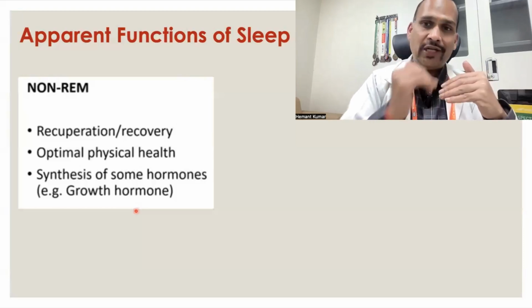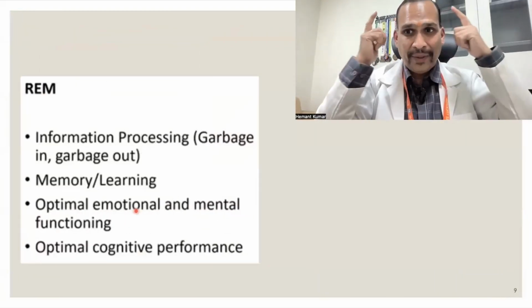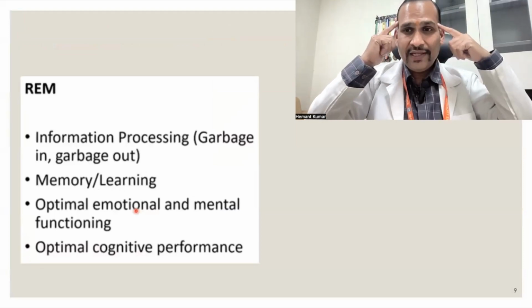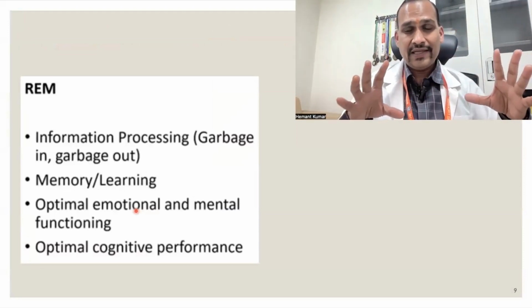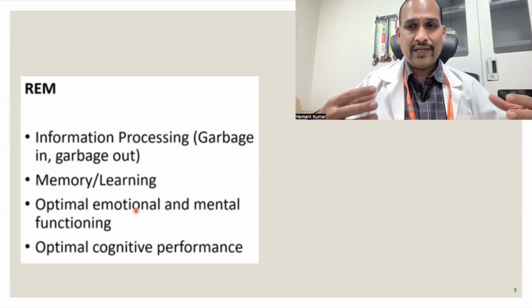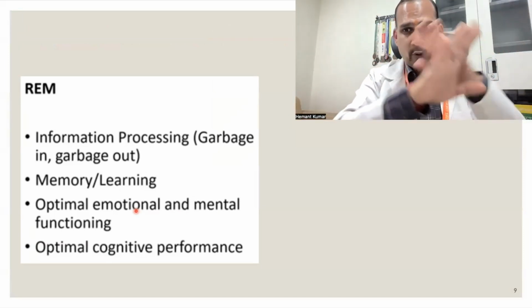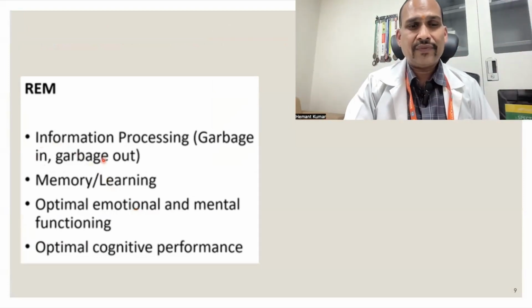So this is important for physical health. Which sleep? Non-REM sleep. The function of REM sleep is for mental health. Okay. So in daytime, whatever skilled work we are doing, we are thinking, we are thinking good things, we are thinking bad things, all these processes go on at night in REM sleep.